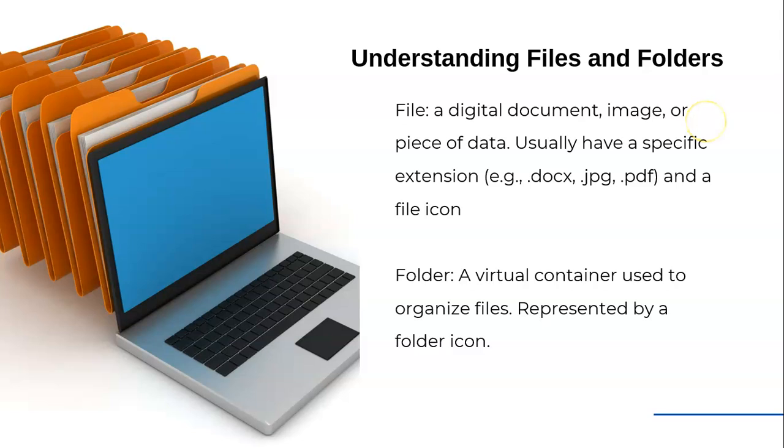Whenever you see PDF, portable document format, it is also a document file in a different format. And a folder is like your normal folder. In fact, it has the shape of the normal folder. It's your virtual container that is used to organize files and different data. And it is represented by the folder icon like this.